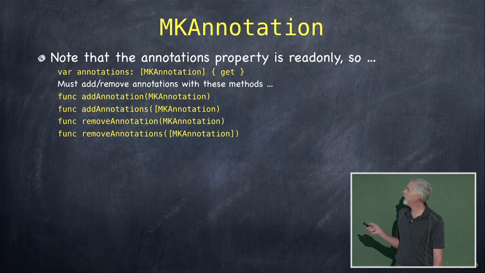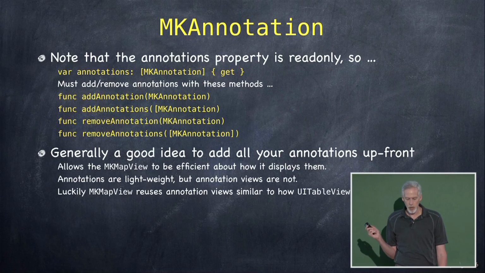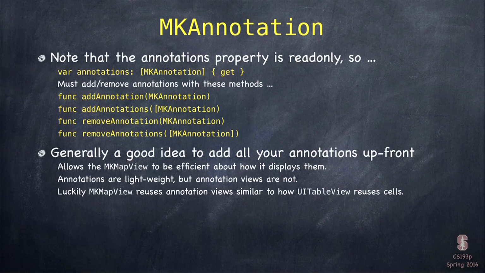So to add or remove annotations, you have to use the addAnnotation and removeAnnotation methods. It's generally a good idea from a performance perspective to add all of the annotations that you know about up front. That's because the annotation views, those little pins, get reused just like in a table view. So you might as well add them all up front and let the system reuse the pins as you scroll around the world.